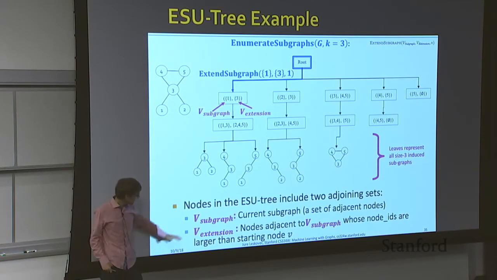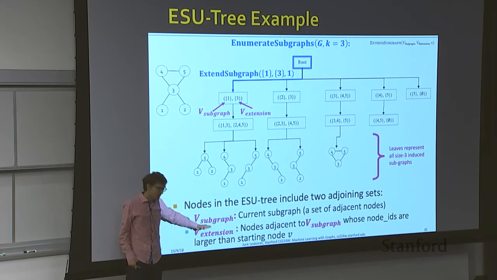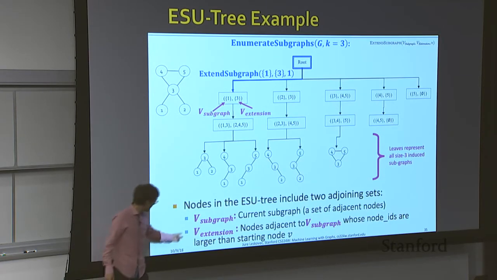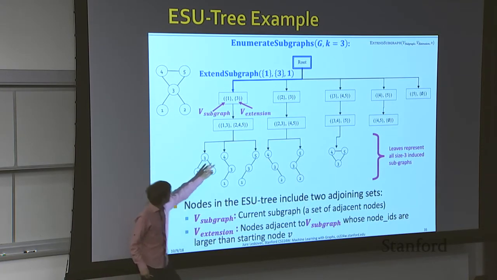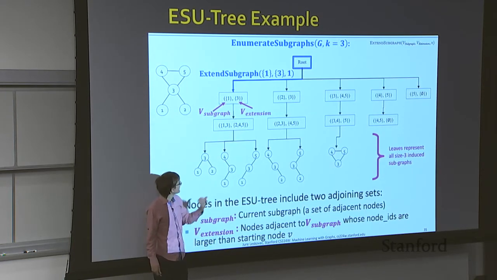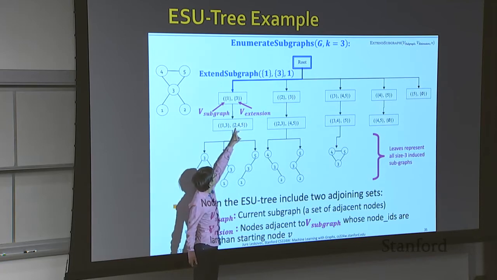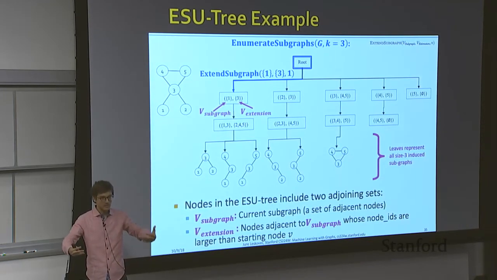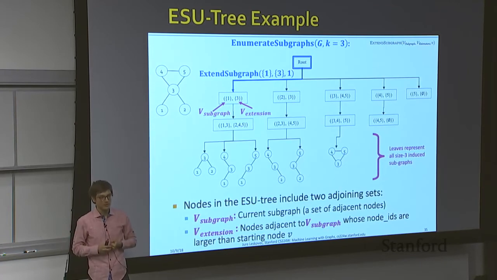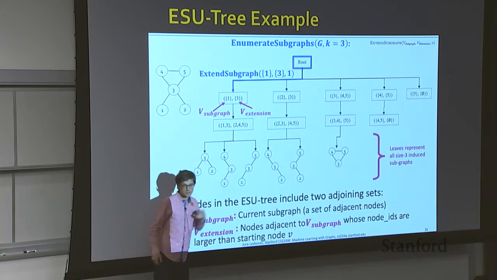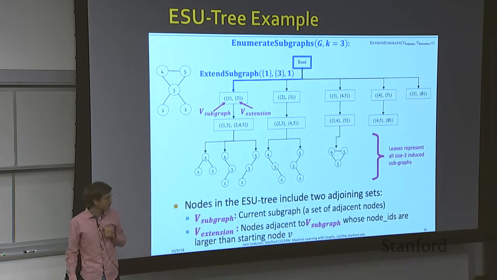And the important thing is that what I have is this V subgraph that is the subgraph I have built so far. I have this V extension that gives me the candidates to which I can create an extension. And at every iteration, I essentially take this thing, move it across, and ask myself, do I have a big enough subgraph, or do I need to keep it growing? And this is the recursive tree of how this algorithm would work.